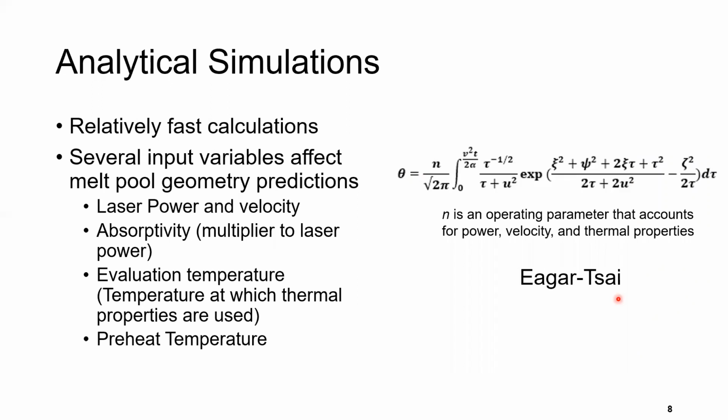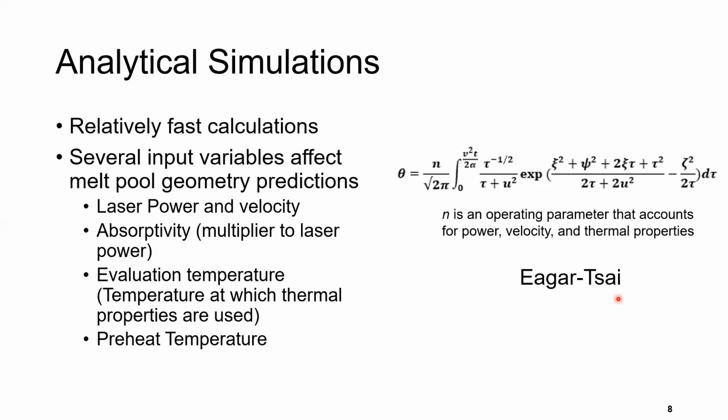Analytical simulations are relatively fast calculations that can be made before or after you run your experiments. As long as you know what parameters you want to input, you can run these at any time. There are several input variables that affect these predictions, namely laser power and velocity, and absorptivity, which is a number between 0 and 1 that gets multiplied with the power to give you an estimated absorbed power.